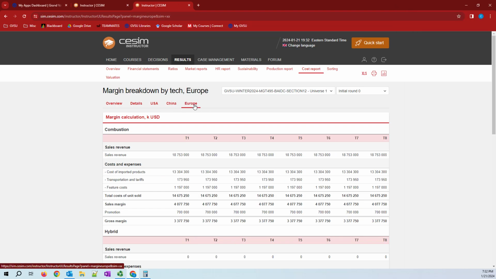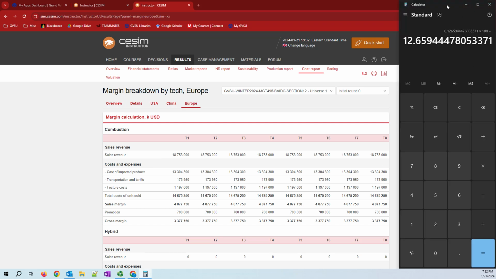And if I look at my margins in Europe, my margins in Europe were 3377750 divided by 18753,000. That is about 18%. So I'm actually generating different margins from different geographies, and I want to go back and double check my margins in USA for a moment again, because it seems that my margins in USA has been thin.